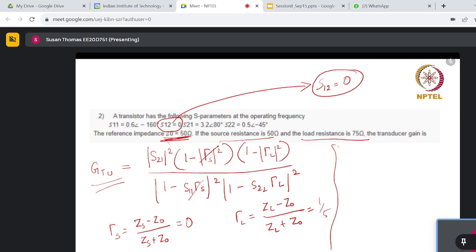S21 is 3.2, so it's the modulus of S21, and you can take 3.2 squared. Okay, I give some time. I request everybody to make this calculation. Remember, gamma S goes to 0, and take the modulus wherever required.